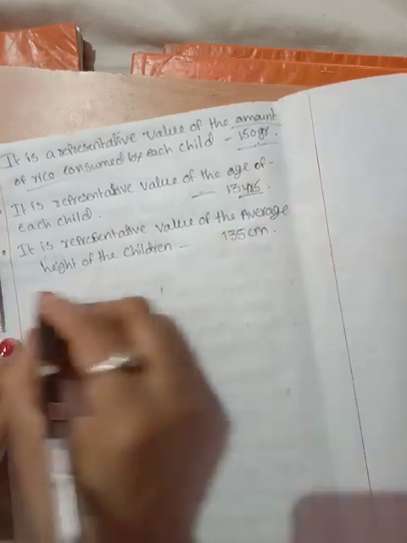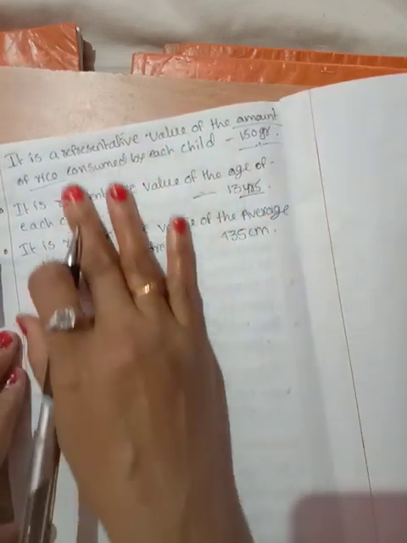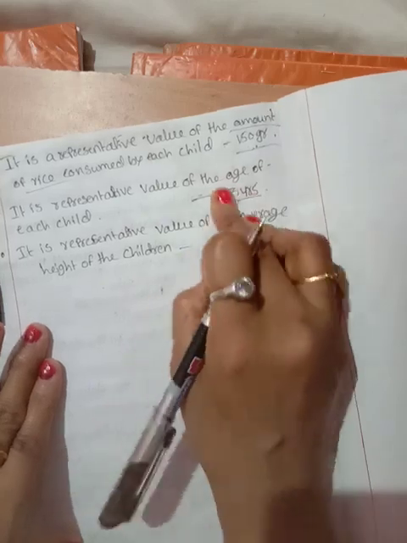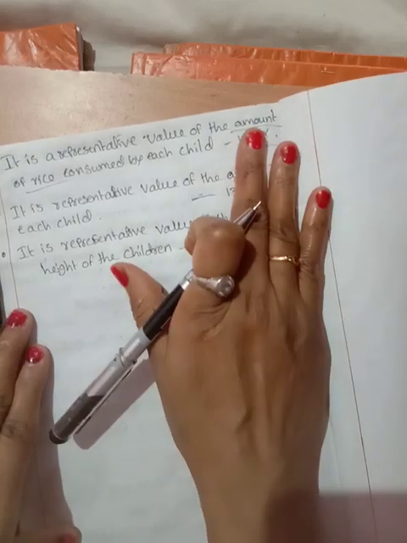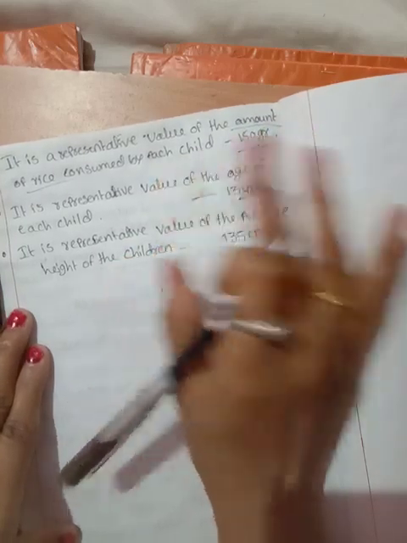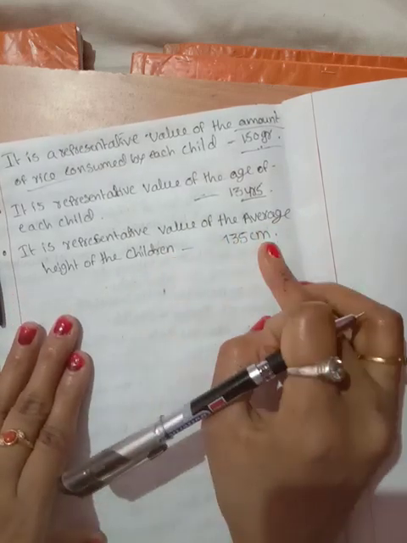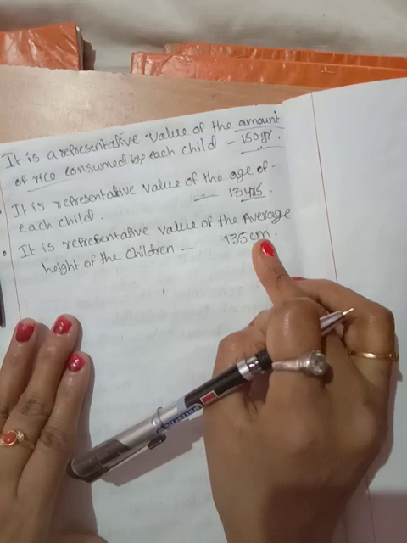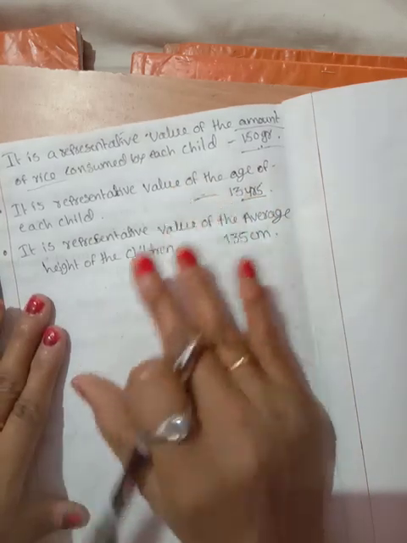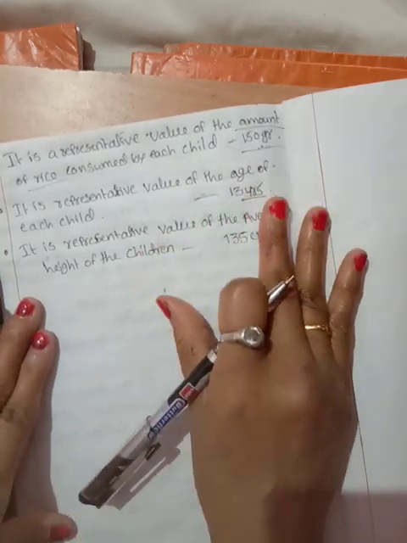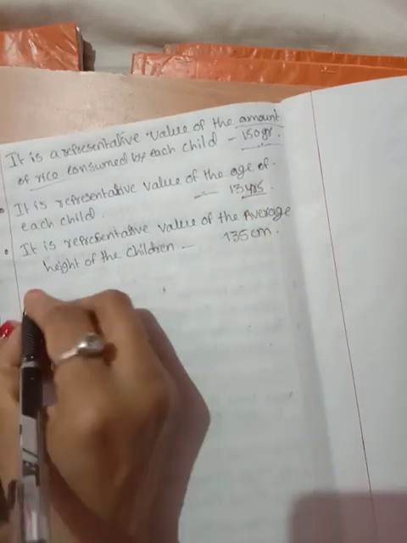What is the definition here? For all the above examples, these are particular values: the age of each student, the amount of rice for each student, and the average height of each child, 135 centimeters. That is why this particular representative value is called the arithmetic mean.